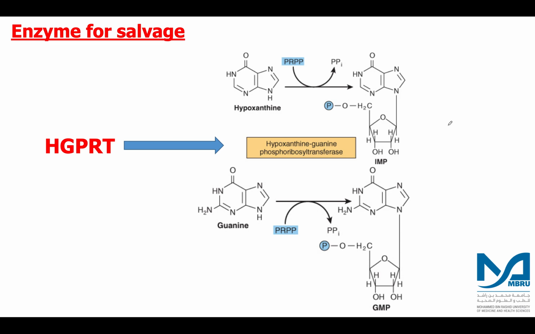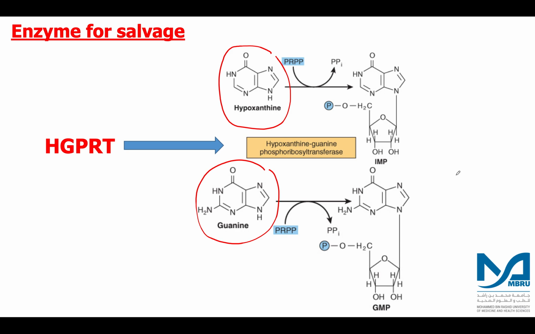And this particular enzyme is able to salvage part of the intermediate metabolites, that is hypoxanthine and guanine, attenuating the levels of uric acid which is produced by the catabolism of purines.